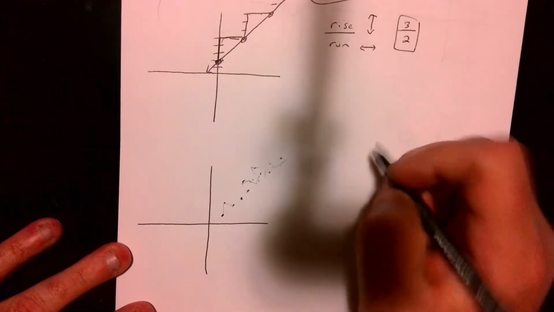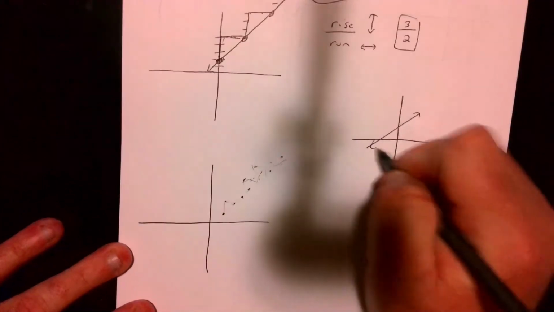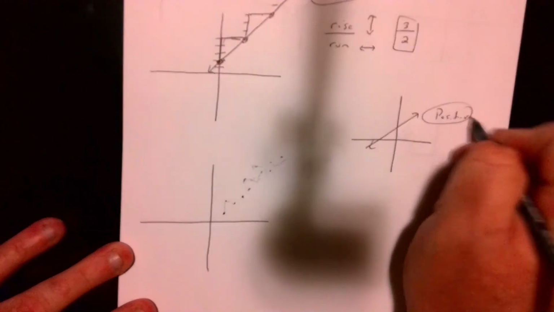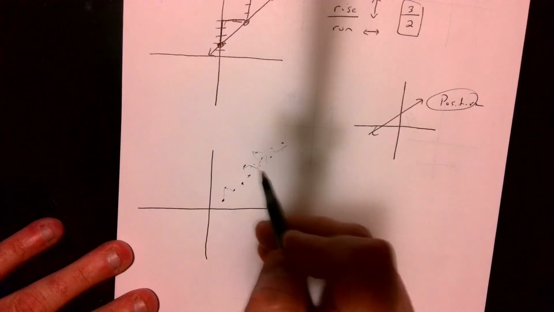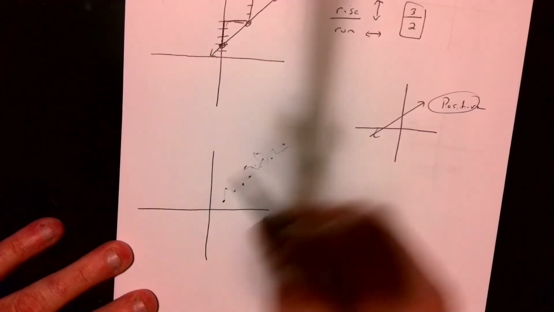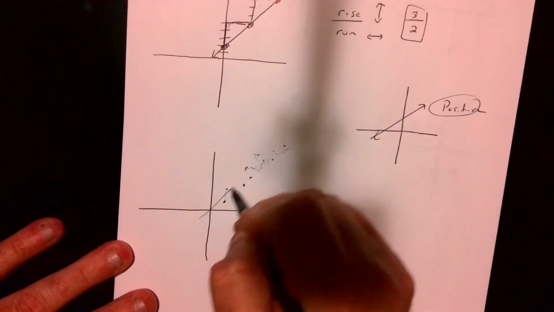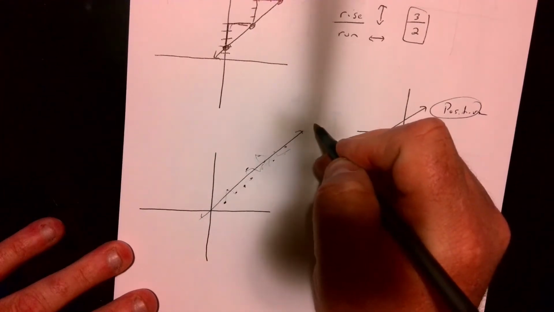In class, we said that if the line goes up to the right, it had a positive slope. So if I go back to my scatter plot, and these dots I put like this, you can kind of tell they're trending up. If I drew a line through the center of them, they're going up to the right.